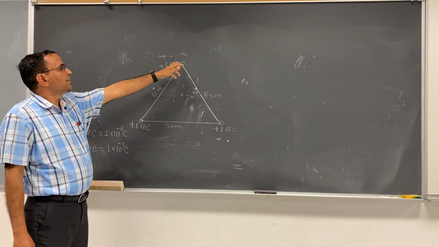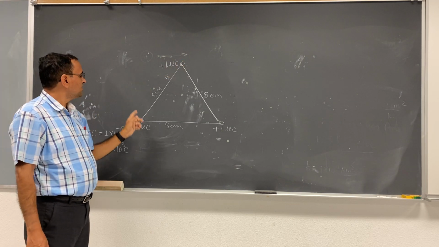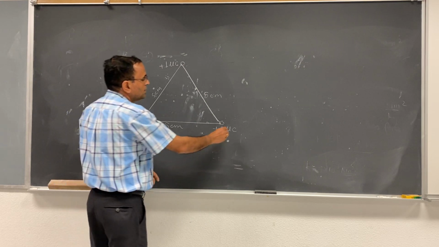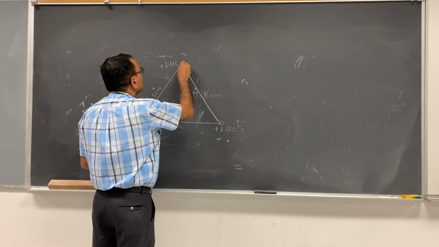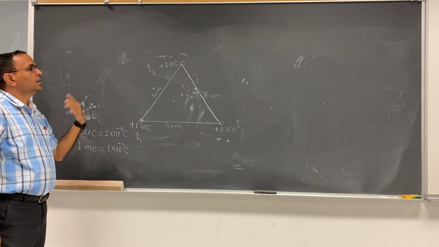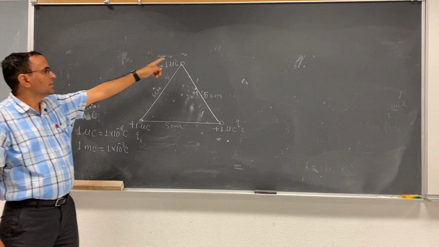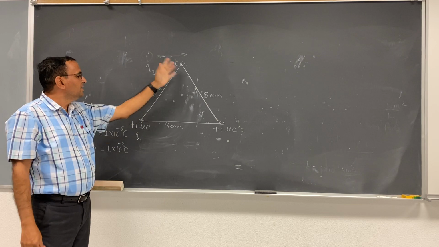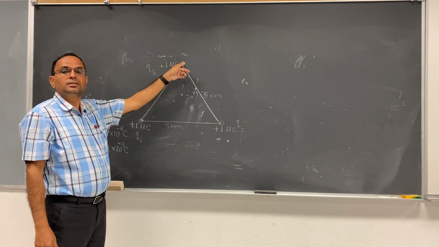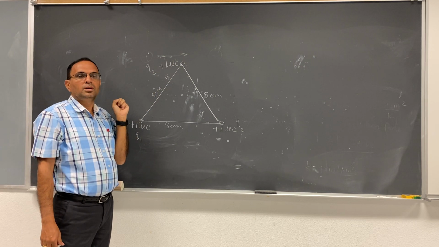Now what is the net force here? You have 3 charges. You can call this Q1, this is Q2, and here you have Q3. So how do you calculate the net force here?